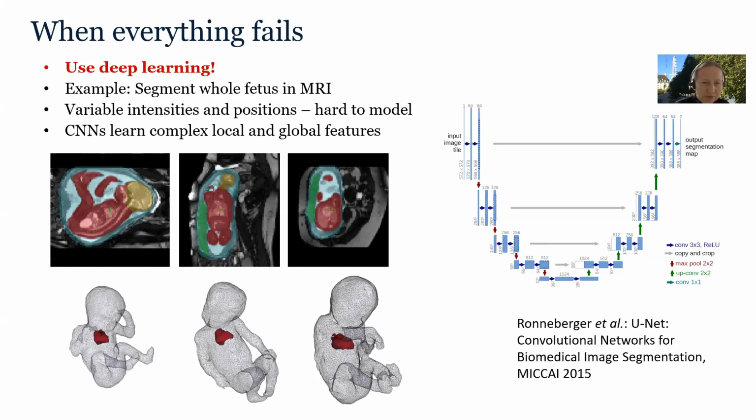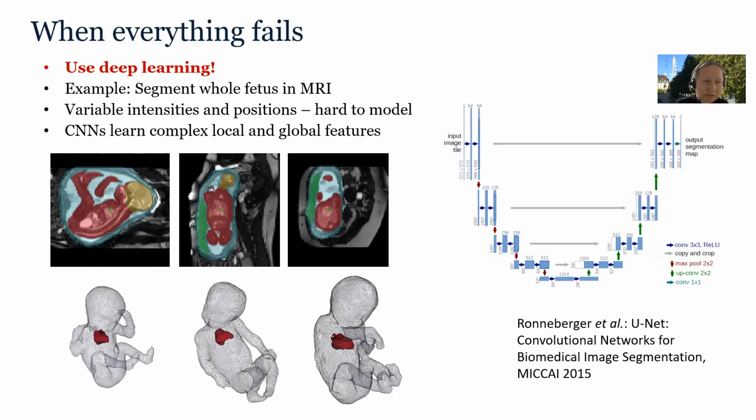There are overlaps with the maternal tissues. We cannot get it just by clustering. And also the position of the fetus may vary a lot within the maternal body, so we cannot simply create a probabilistic atlas of where the baby is going to be. So we really fail with the previous approach for this application.